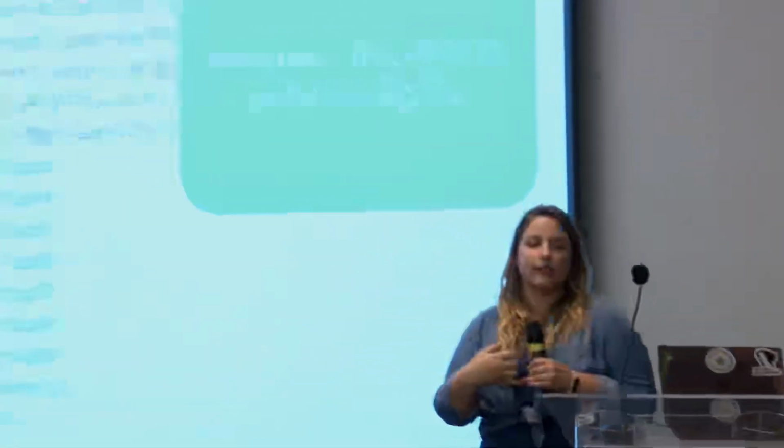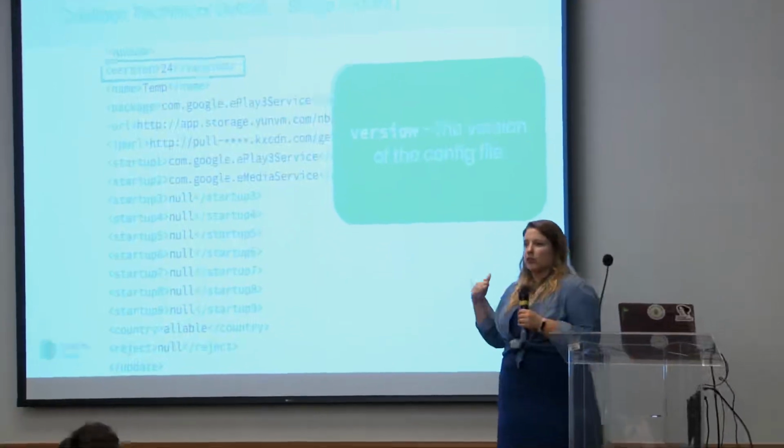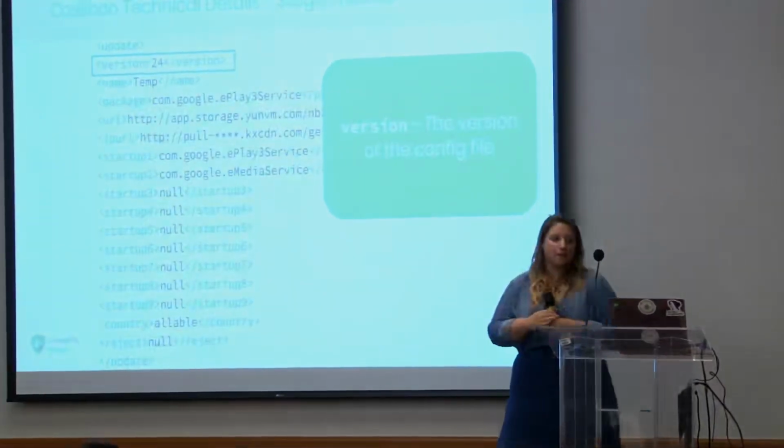This is what the response to the call to get that version.xml file looks like. Some of the key aspects here: 1, the version. This is saying, hey, this is the version of the config file, so the app will actually only update the values that it knows as its configuration settings if this is a later version than a version it's seen previously.